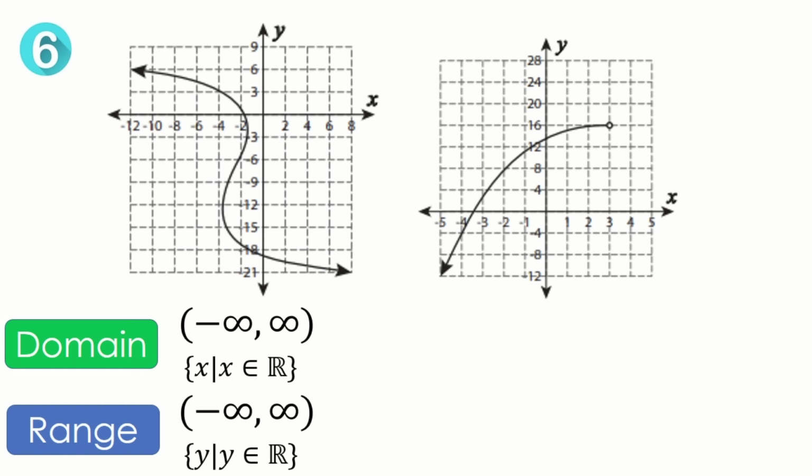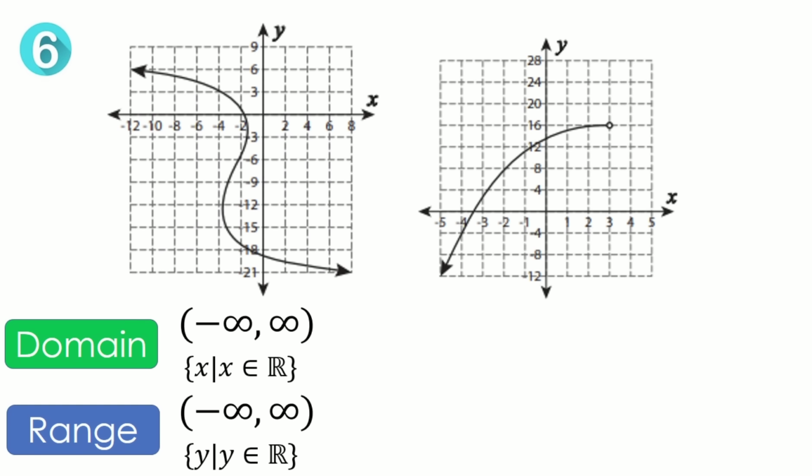Pero kapag ganito, yung isang direction ng graph nyo, infinite siya, and dito may endpoint. So, ano kayang domain and range natin dyan? Again, pag kumukuha tayo ng domain, nag-start tayo from left to right.